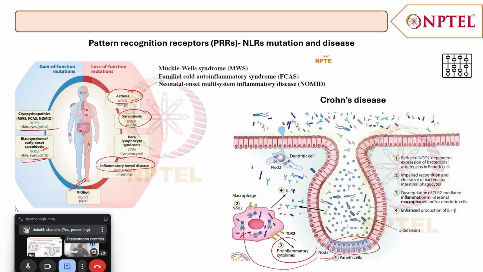So the pro-inflammatory cytokines are induced, and because of this there is enhanced IL-1 beta production, which will lead to an inflammatory disease of the intestine called Crohn's disease. Okay, so this is also one example where the dysregulation of the NLRs can cause a disease. Okay, so any doubts on this particular slide?